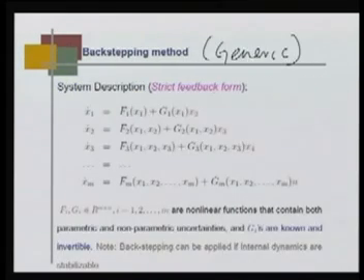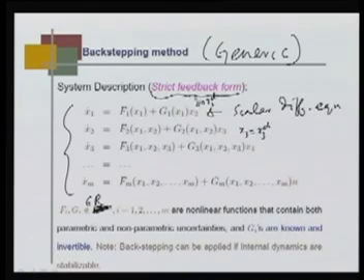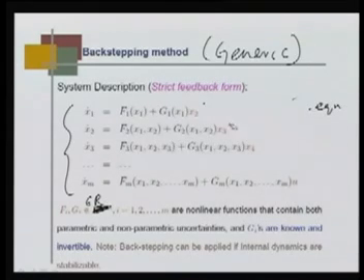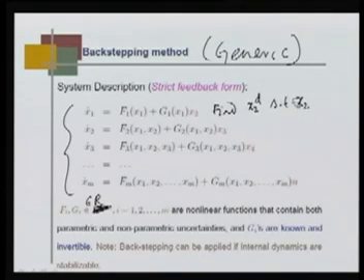What we are trying to do here is find x2d, with x2 equal to x2d, such that x1 tracks x1d.